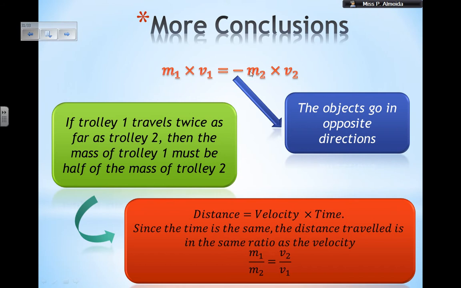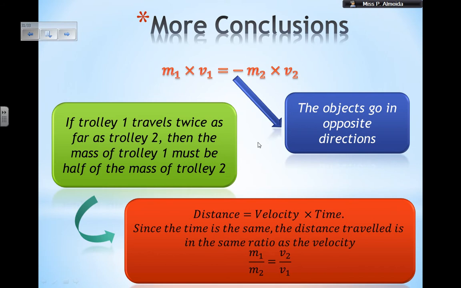If I have a negative velocity, then I have a negative momentum, and it means that the momentum, which is a vector, is going in the opposite direction to when I have a positive sign in front of momentum, okay? So for object 1 I have a positive sign, object 2 I have a negative sign, so that means that the objects move in opposite directions.